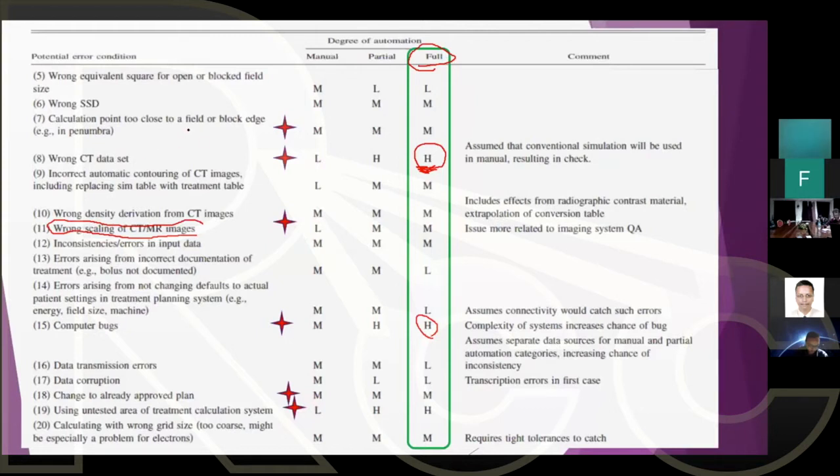A few things are common whether you're using manual or full planning. If you have the calculation point in the wrong place, this should be noticed from the beginning.